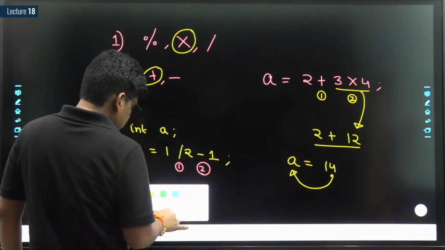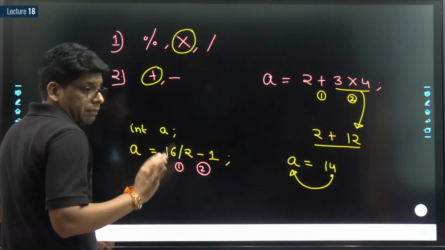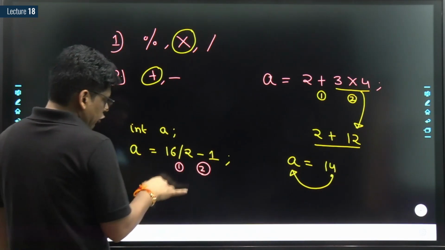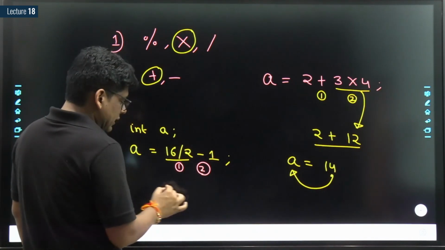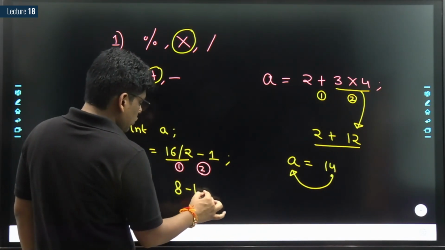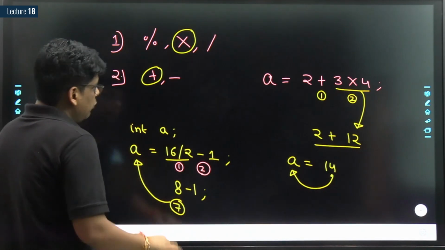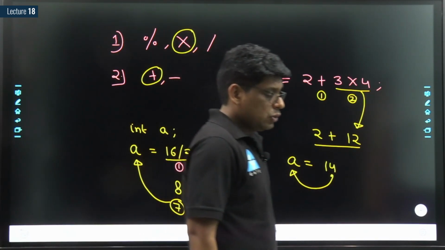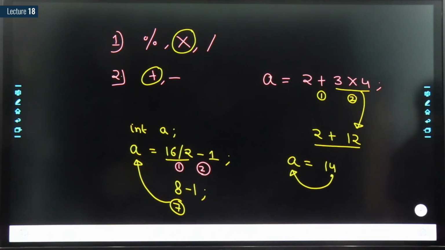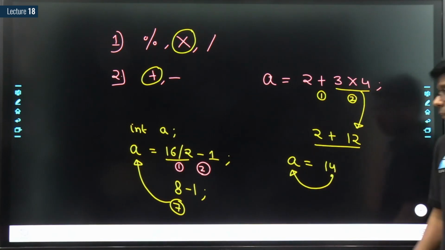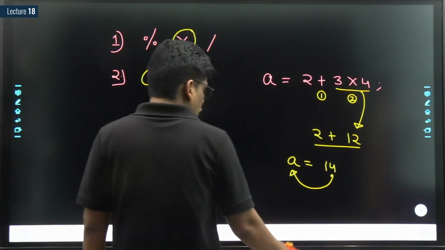I am changing just because I don't want any confusion. Okay. Sir, which one will be performed first? 16 by 2, that is 8, minus 1. That means what is the value that goes inside A? Sir, 7 will go inside A. So that is called the priority of arithmetic operators.